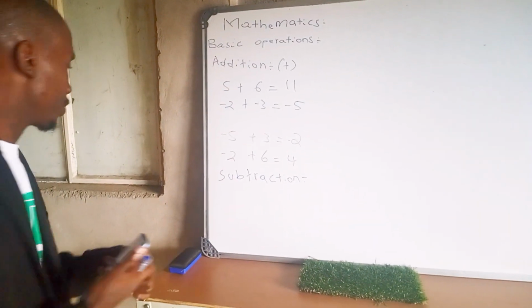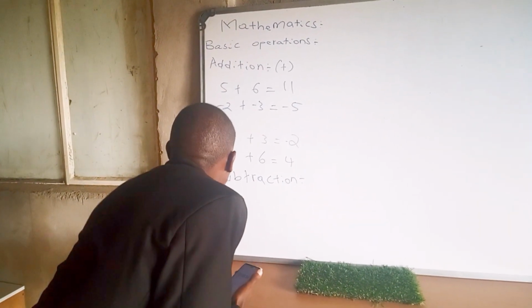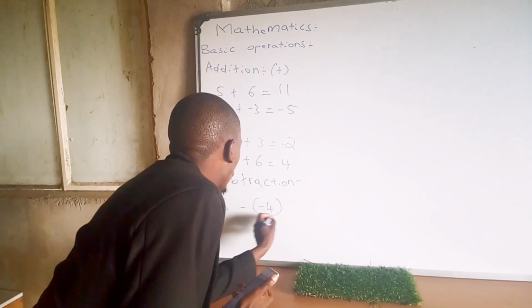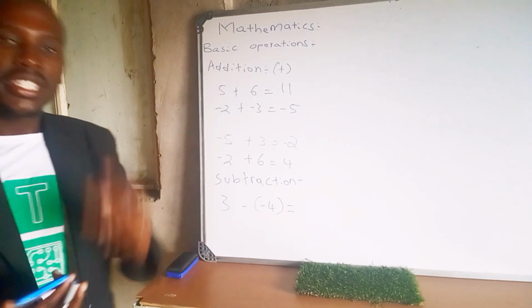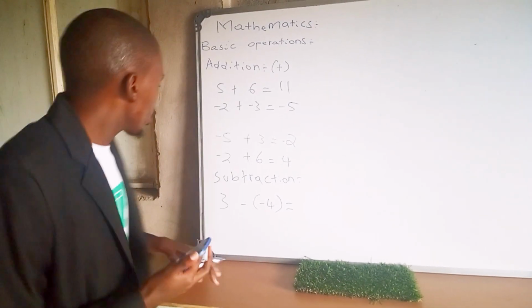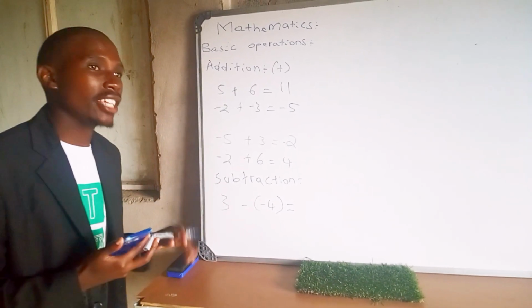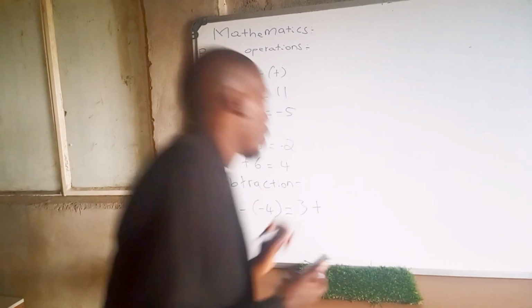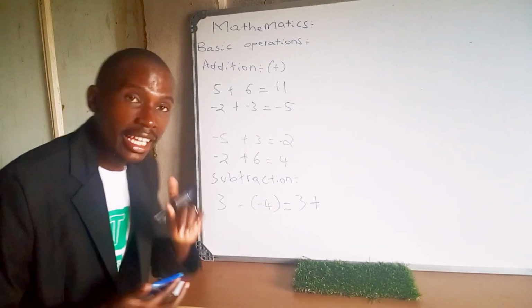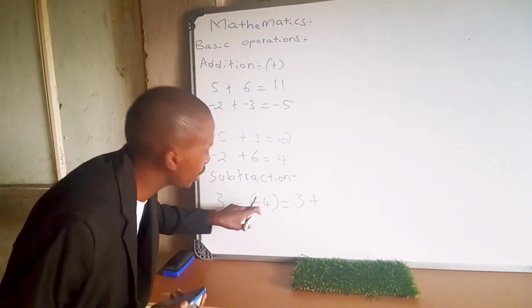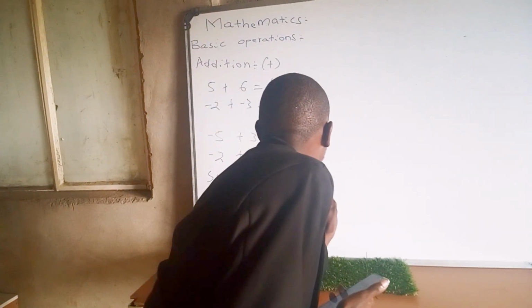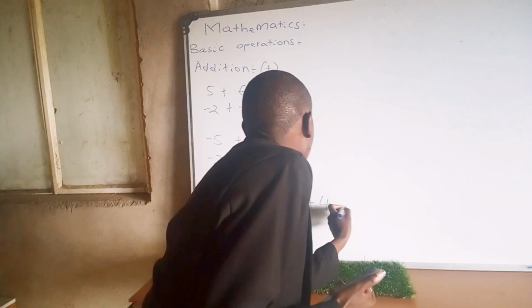Let's make an example. If we have 3 minus -4, we said the first step is to change the subtraction sign into addition. Now it's addition. The second step, we change the sign of the second number, which means now 4 is positive.